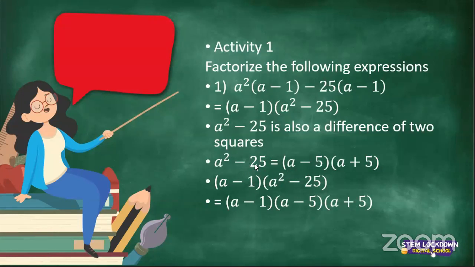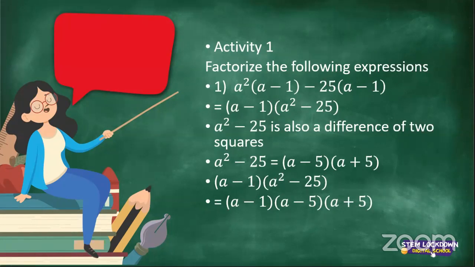And now that we have factorized a squared minus 25, you can come back to your original expression. Instead of a squared minus 25, you can write a minus 5 into a plus 5. That's how we have written it at the bottom there, that the final factorized expression will be open bracket a minus 1, close bracket, open bracket a minus 5, close your bracket, open bracket a plus 5, then close your bracket.